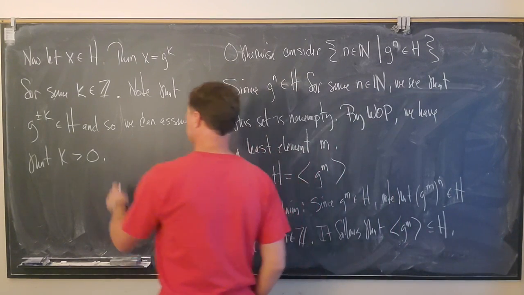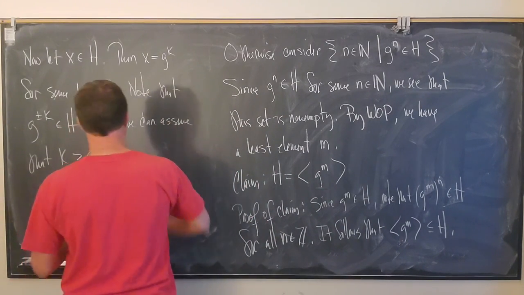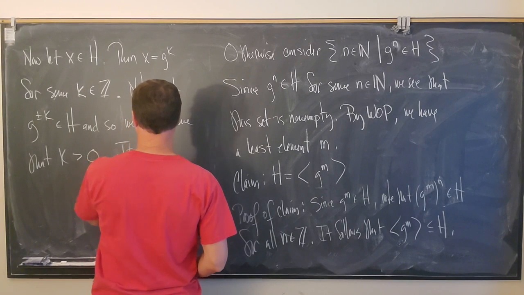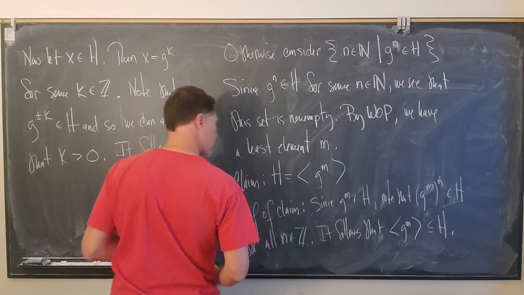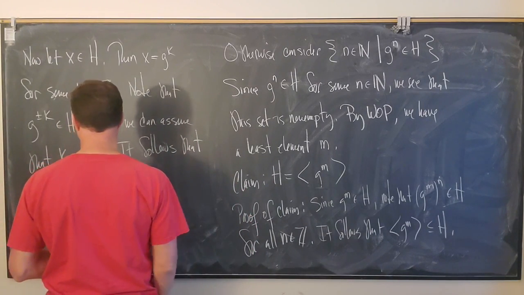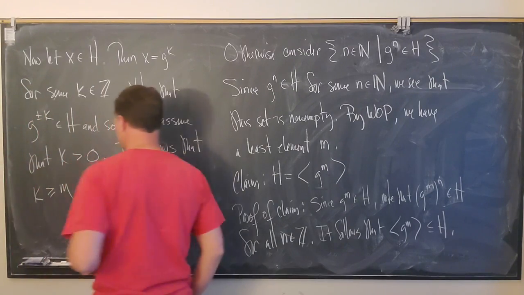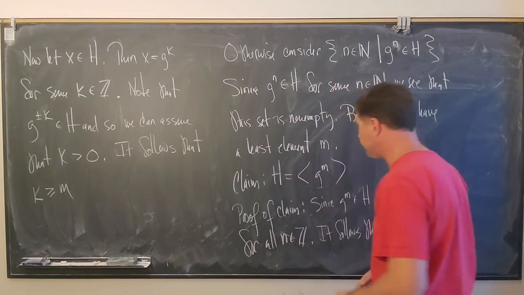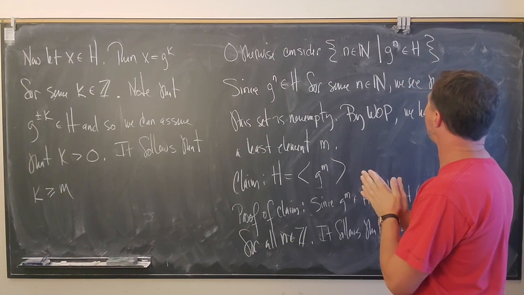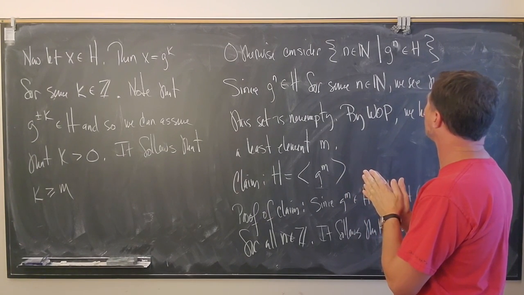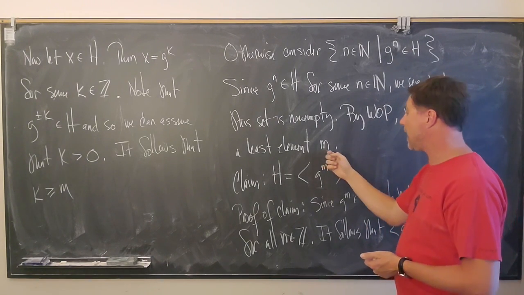In this case, it follows that k is greater than or equal to m. Now, why is that? Well, we have a least element, m.